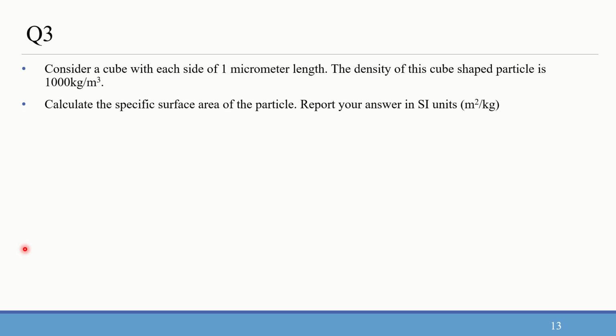Whenever we talk about surface area, it is the total area that the surface of the object occupies, and we always say the surface area in meter squares. There is also something else, the specific surface area. What is specific surface area? It is the surface area per unit mass of the system.